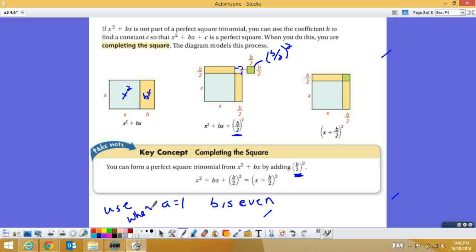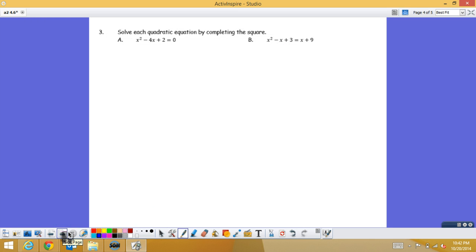There's another method we'll talk about tomorrow that will help us do just that. But completing the square works pretty slick if a is 1 and b is even. If that's not the case, I would not use completing the square.